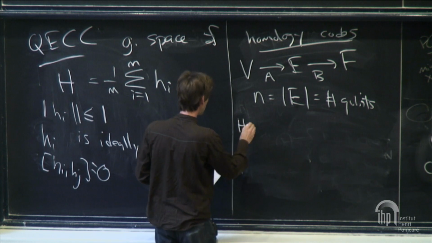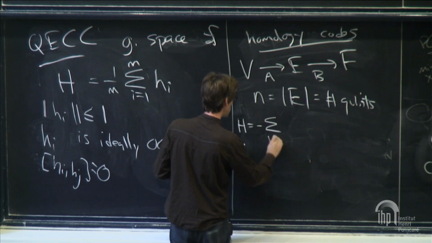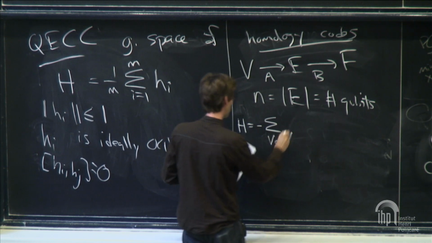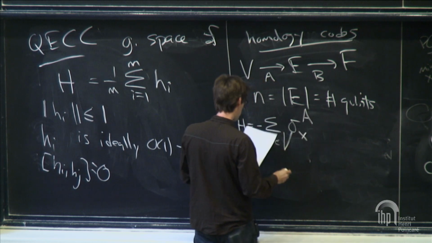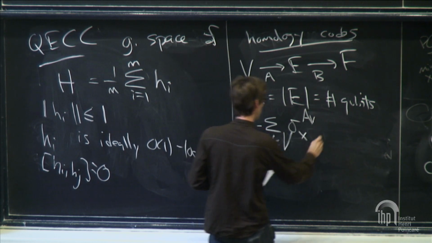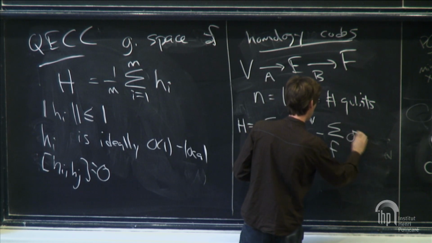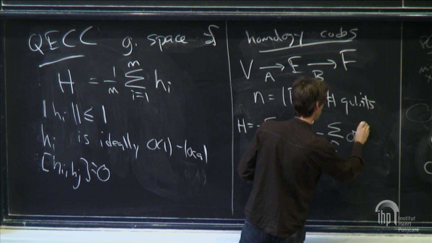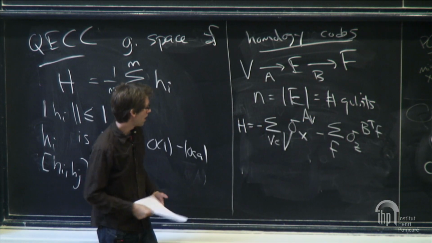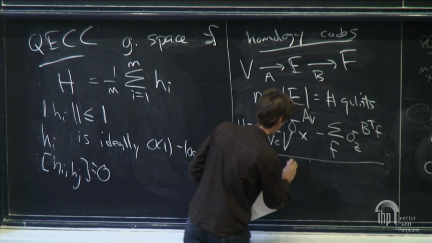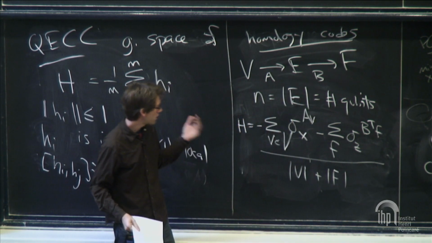So we can write H to be minus the sum over vertices of sigma x to the A_V, minus the sum over faces of sigma z to the B transpose F. And maybe for normalization, let's divide by the total number of vertices and faces. So what does this mean?